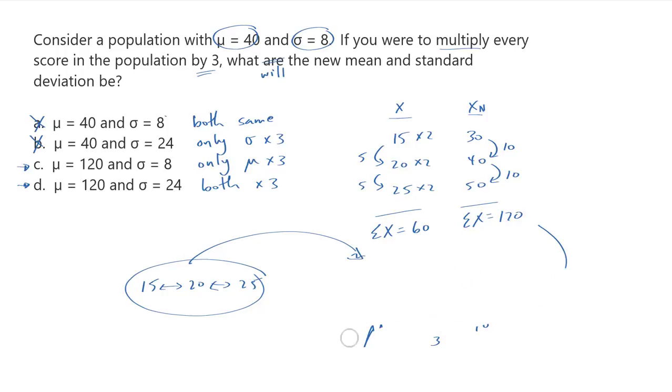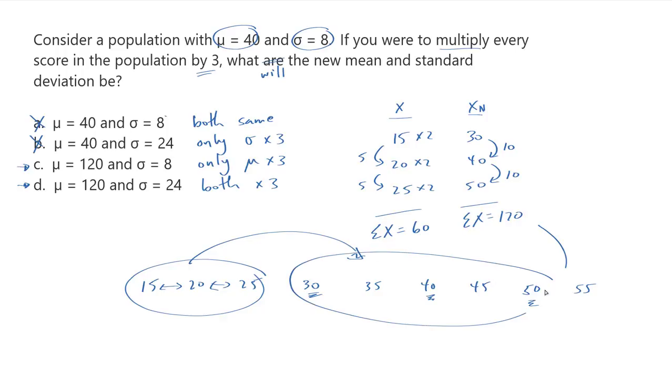everybody more money, but let me try and draw this on a number line. 30 is my score there, and then there would be 35, 40, 45, 50, and so on, 55. Now people are making 30, 40, and 50. The entire distribution of new scores is more spread out.